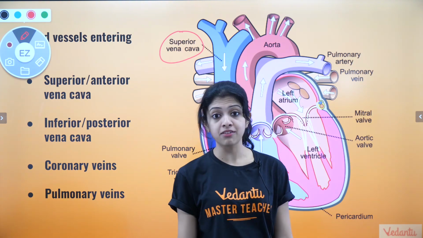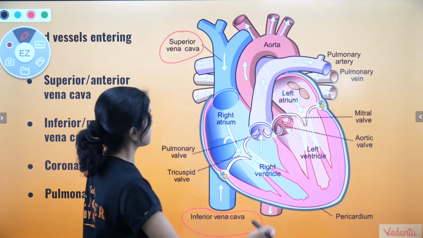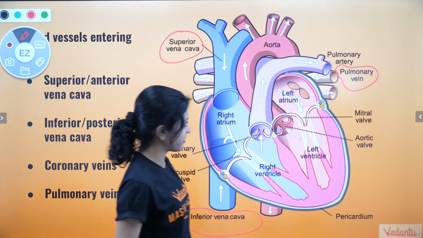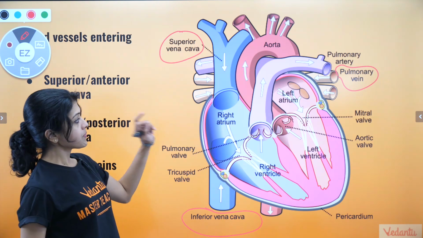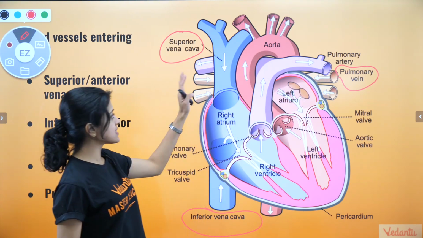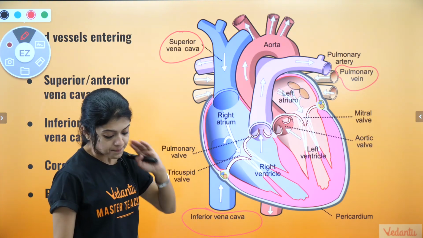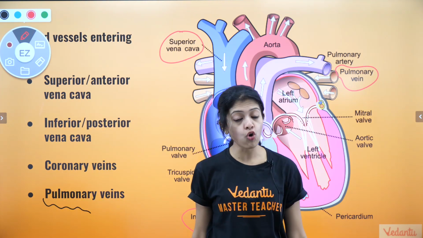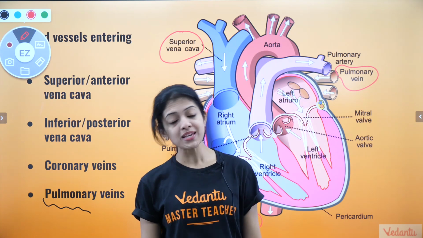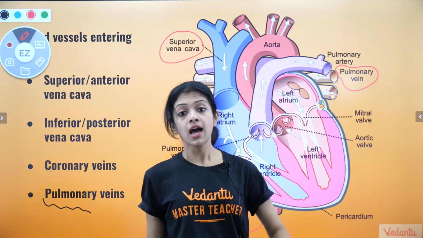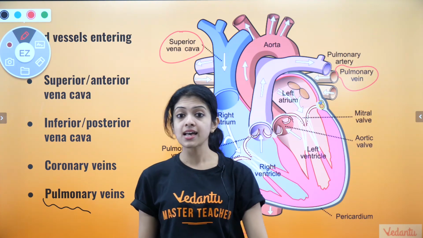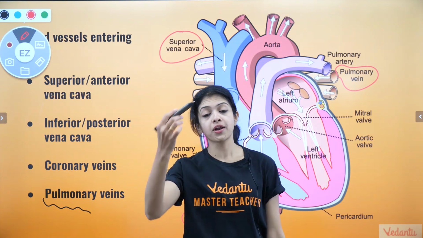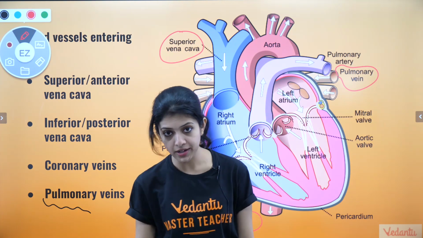Pulmonary veins, again a very, very important one. Pulmonary vein. Yes, this is one of the pulmonary veins. In fact, there is a left pulmonary vein and the right pulmonary vein. But what do they do? The name has to tell you again. Pulmo or pulmonary is always something to do with the lungs. A pulmonologist is a doctor or a specialist who is concerned with respiratory or lung-related disorders.